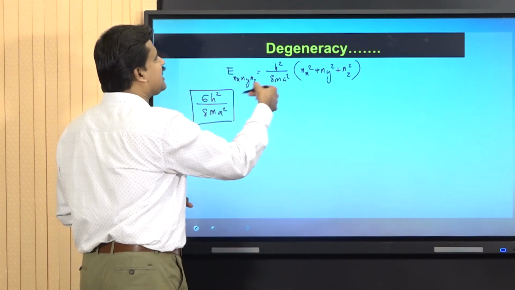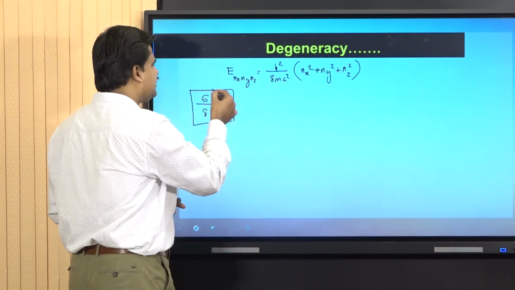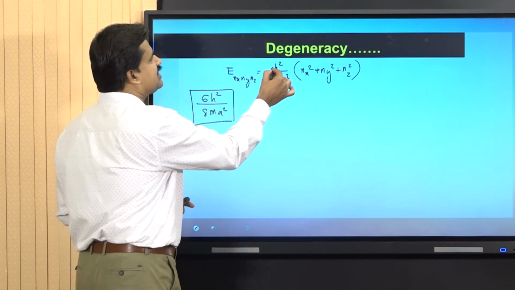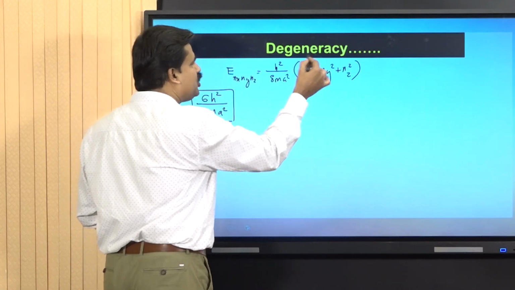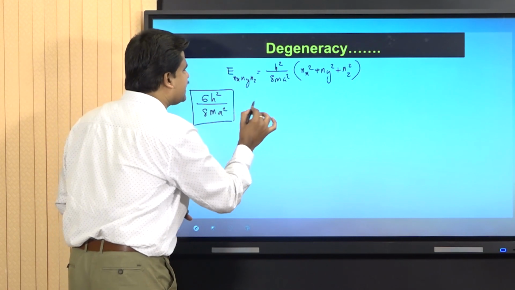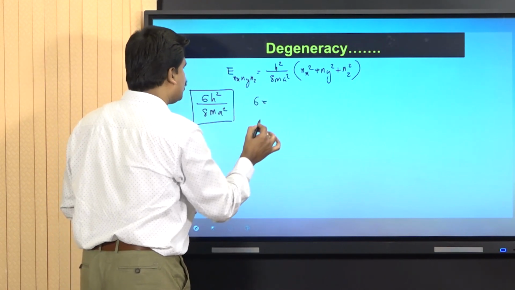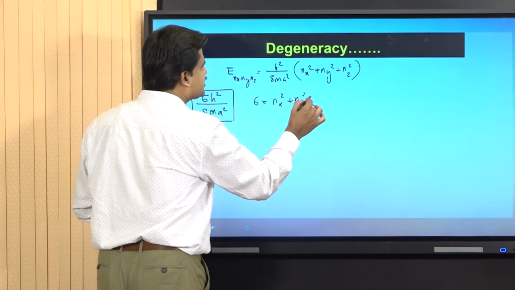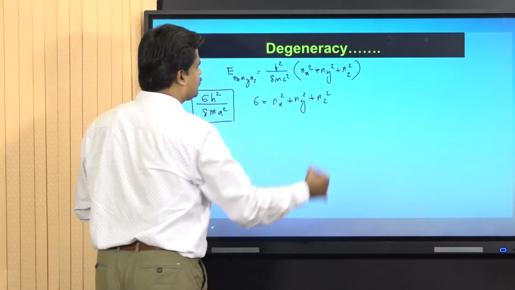By comparing the right hand side of these two, 6h square by 8m a square equals h square by 8m a square into nx square plus ny square plus nz square. From this it is clear that 6 equals nx square plus ny square plus nz square.